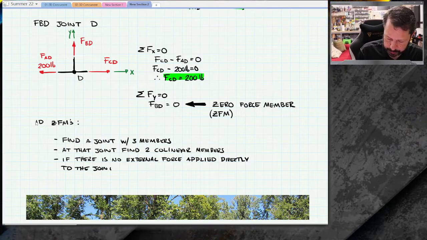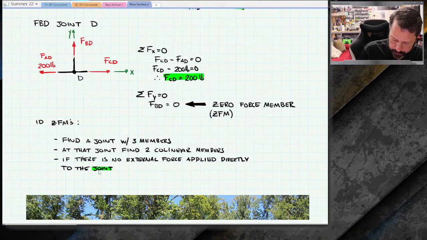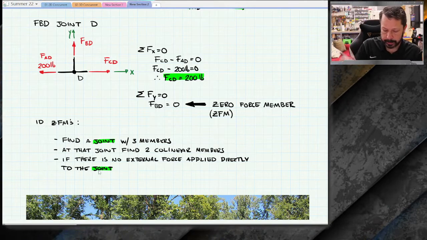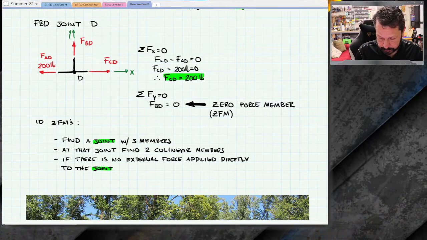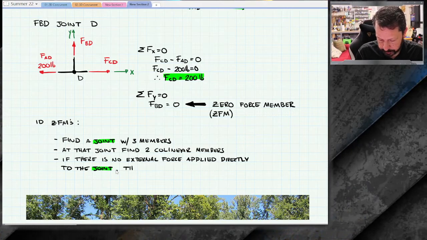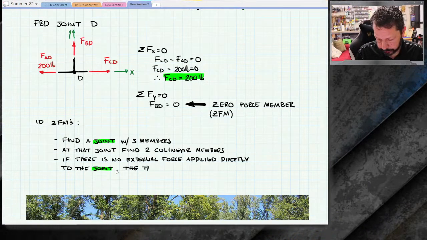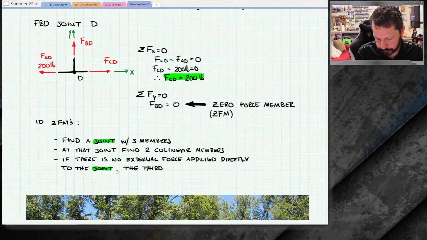And the joint I'm talking about is the very first one that you found the 3 members at. So no external force applied directly to that joint, the third member is 0 force.